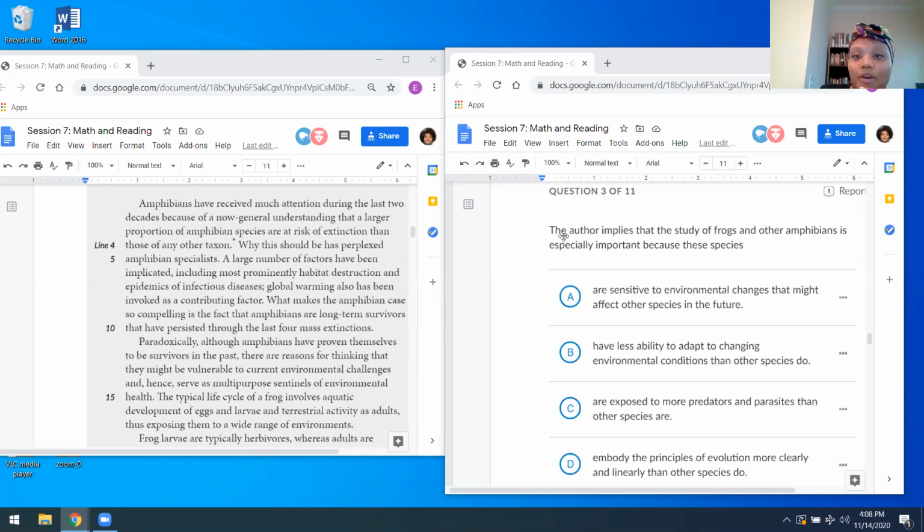Here it says the author implies that the study of frogs and other amphibians is especially important because these species. So the question is setting us up to find something that makes these species different from others.